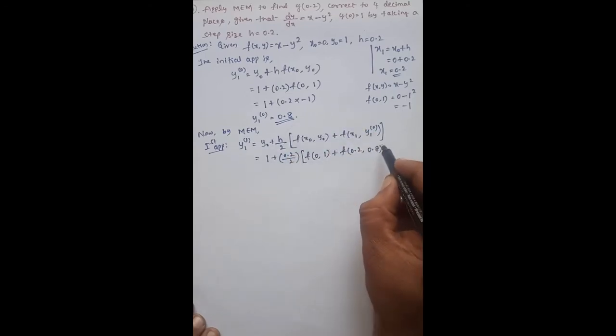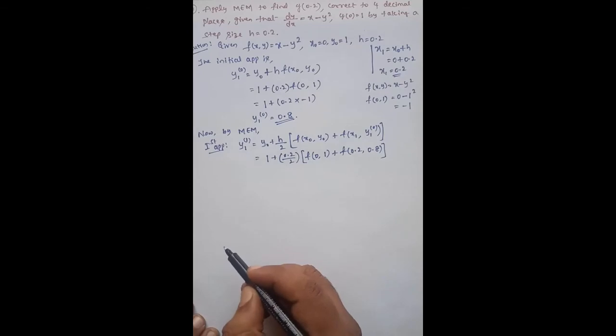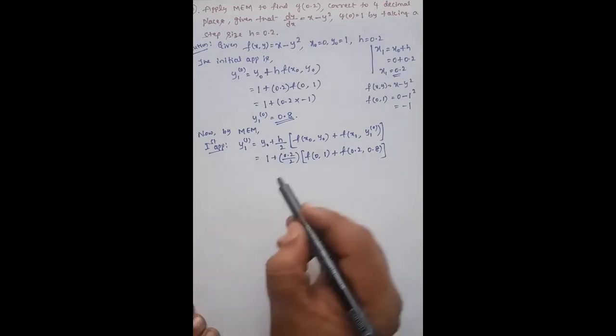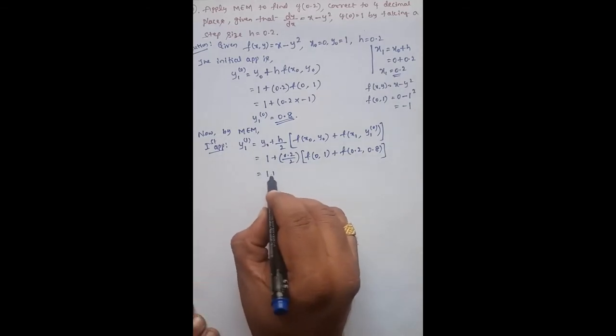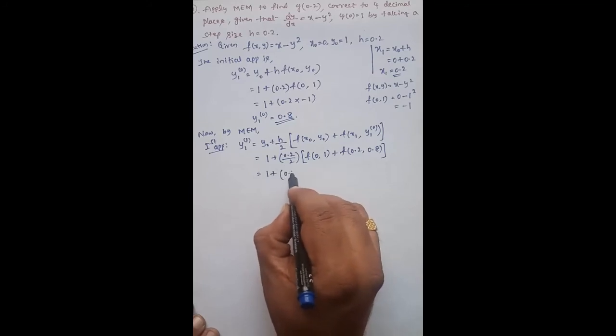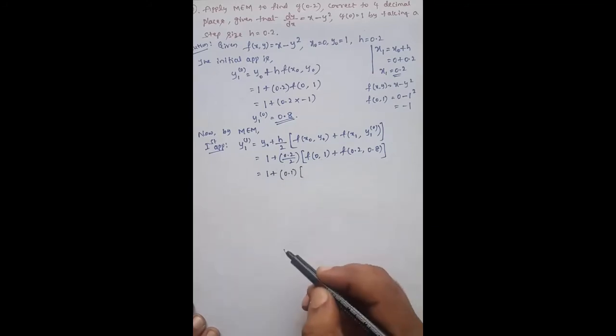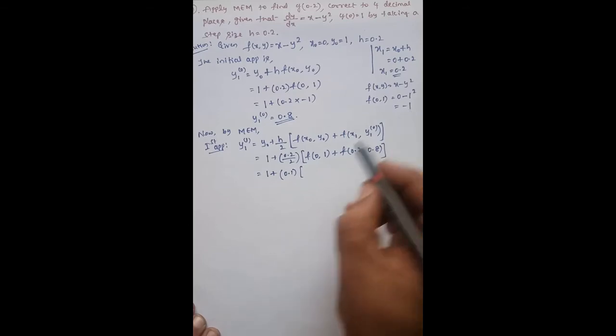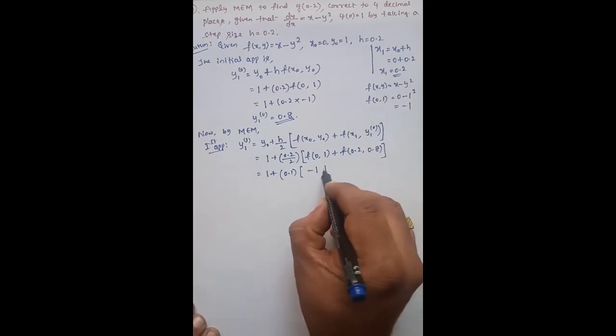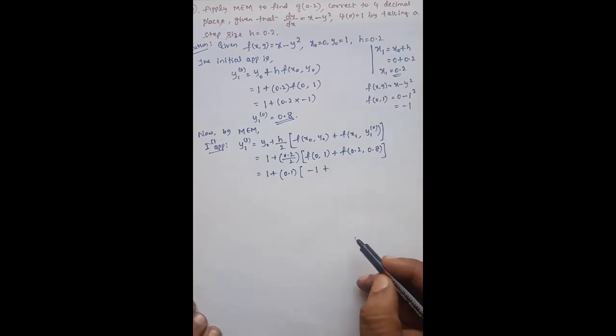So f of 0.2 comma 0.8. So let us simplify this. So this is equal to 1 plus 0.2 by 2, it is 0.1 into f of 0 comma 1. So f of 0 comma 1 we have already calculated, it is minus 1, plus f of 0.2 comma 0.8.